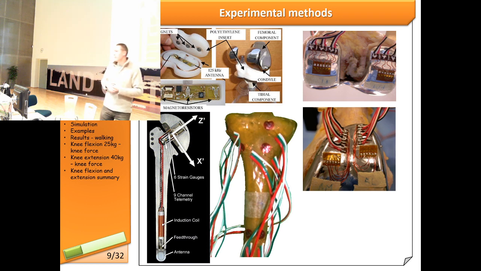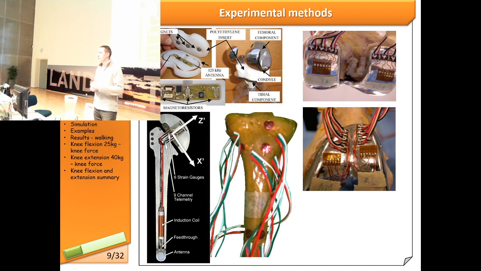These are some examples of experimental measurements, just to give you an overview of how many limitations there are. On the top left, you have a sensor that can be installed in the knee, and it works instead of a cartilage. It has wireless communication and actually takes its energy wirelessly through a coil.